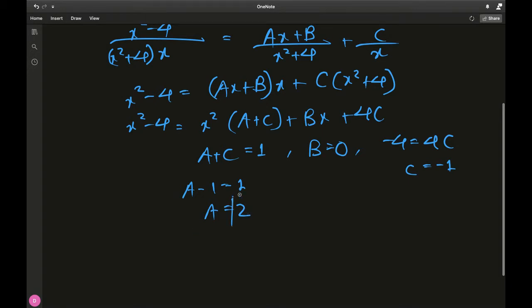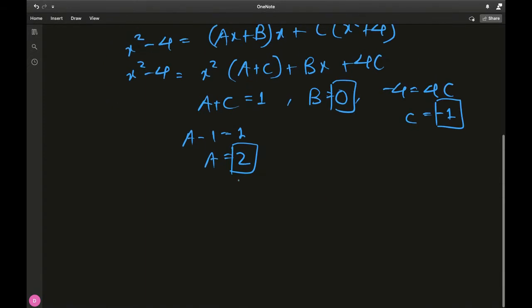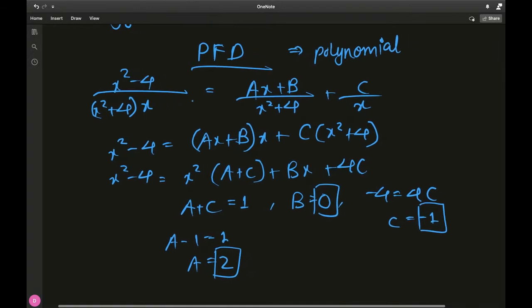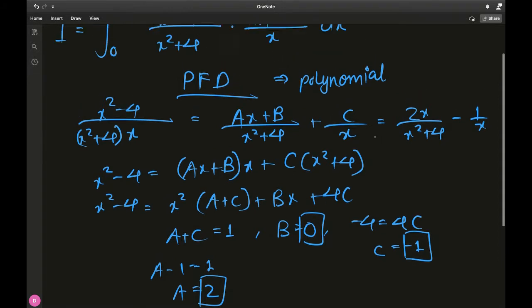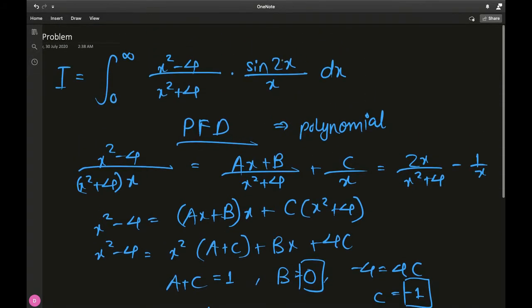Fair enough: a is 2, b is 0 and c is negative 1. So the fraction we started with now becomes 2x divided by (x squared plus 4) minus 1 over x. Now we're going to put the sine 2x on all of these things.